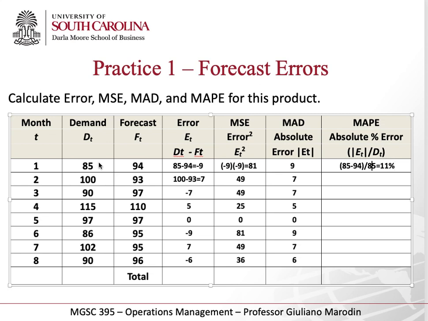Okay? So the upper part is the error, lower part is the demand, and we have the percentage. Same thing here. We can do 7 because we already calculated the absolute error here, divided by the demand is going to give me the 7%. And then I can just fill out the other ones.